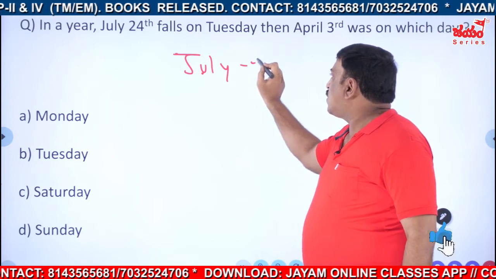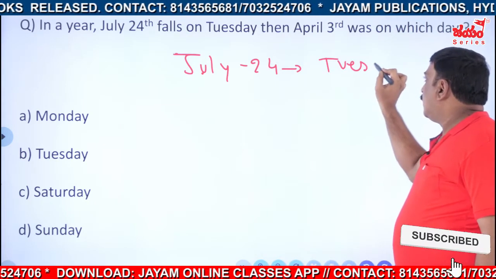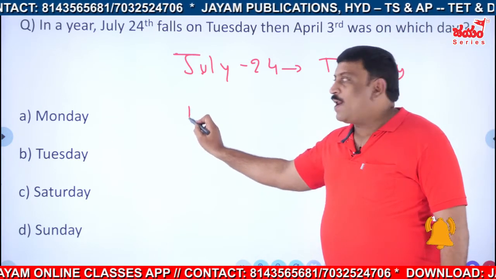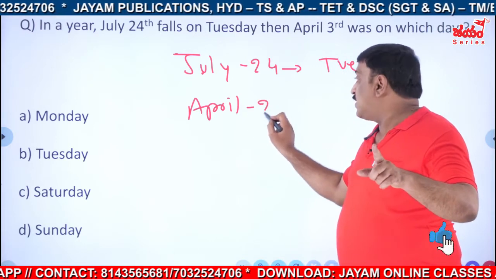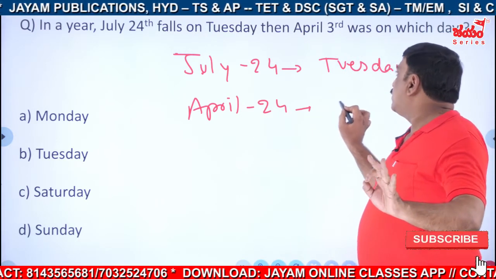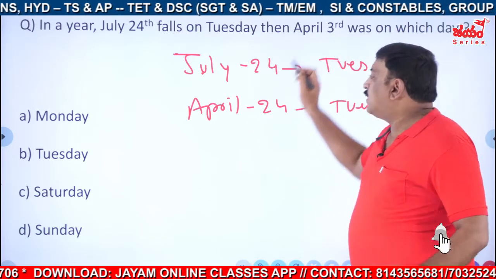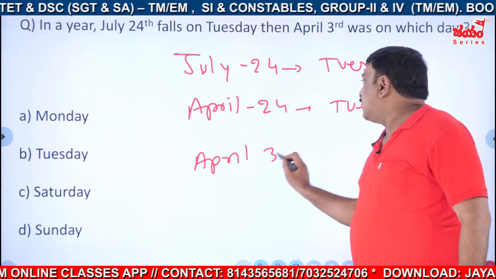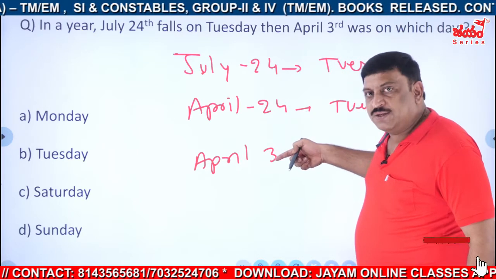So, July, you try that one, and then you see the explanation. July 24th is on what? It is on Tuesday. Then definitely April, since both are the same, April 24th is also Tuesday. I need to find out April 3rd. April 24th to 3 means you have to go back.